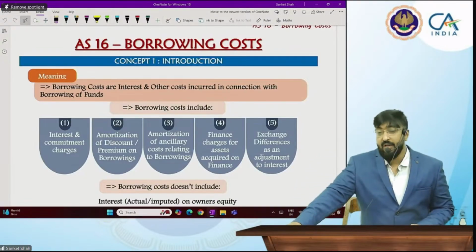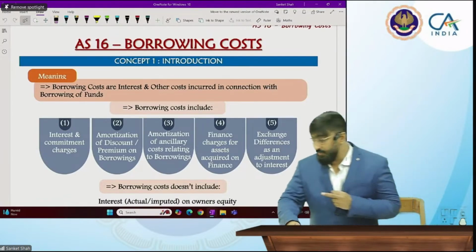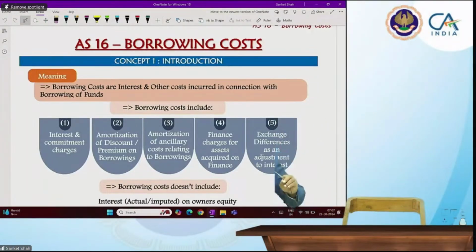Okay. When to start this capitalization? When you have taken the loan, or when expenditure is incurred, or both? You have to take a loan, you have to incur expenditure, and you have to start with these activities. If these activities are not started, then you cannot capitalize it.